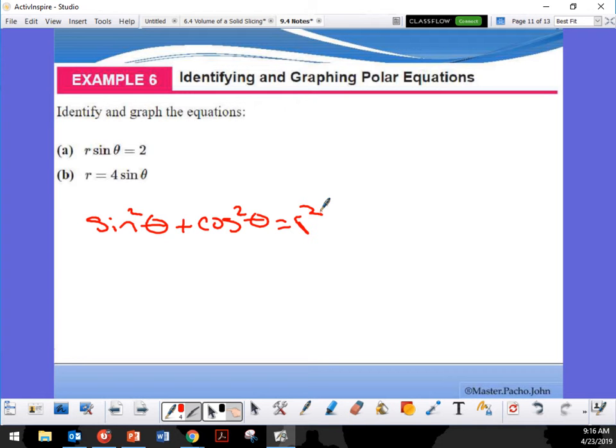Would that get me my r squared? Okay, I could do that, right? So I could say that r squared is equal to 4r sine theta. Okay, so what could I do with that?